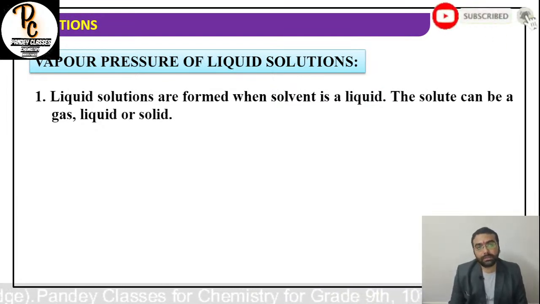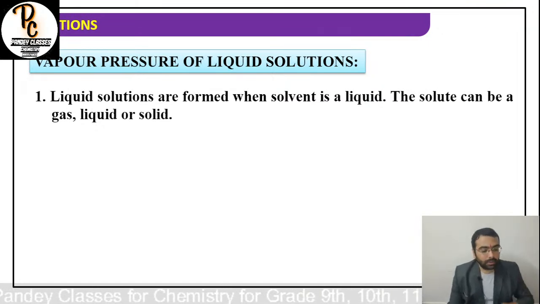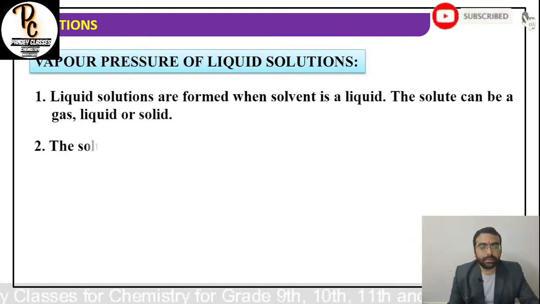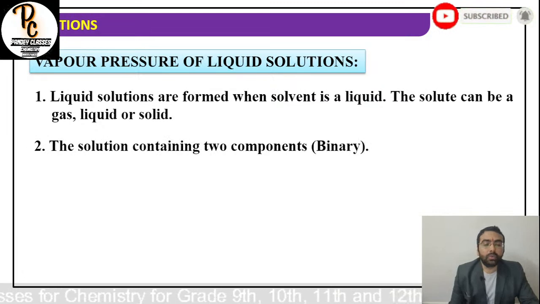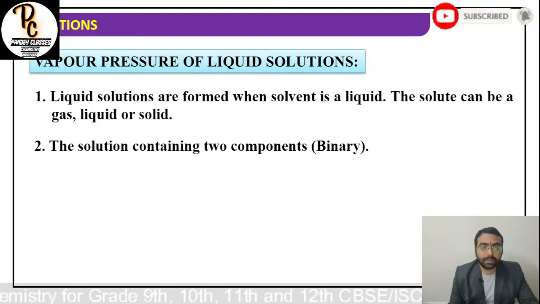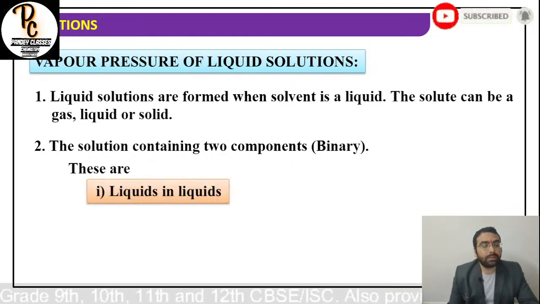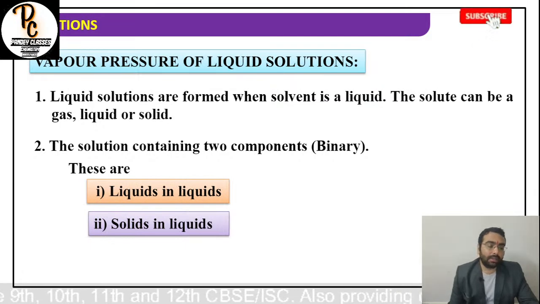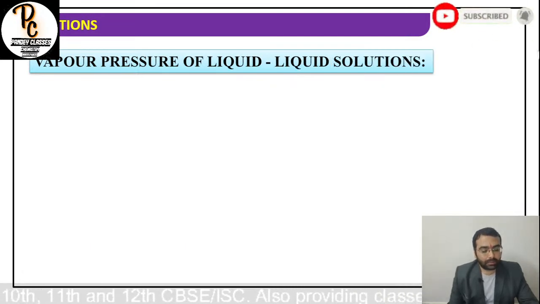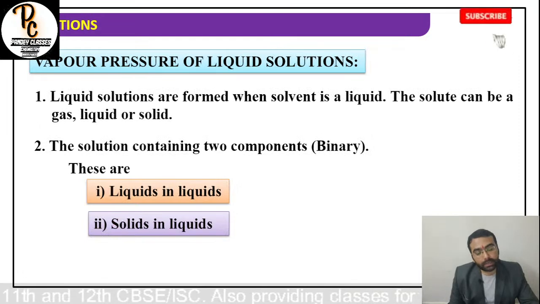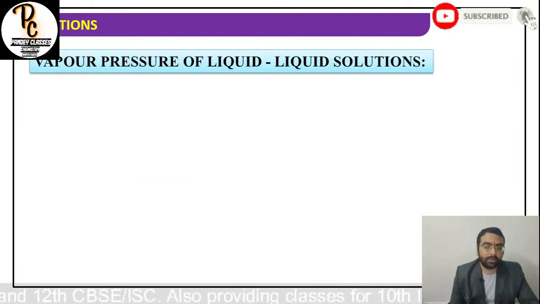If the solvent is liquid, the solution is also liquid in nature. The solution containing two components is called a binary solution: solute, solvent, binary. These are liquids in liquids and solids in liquids. These are the cases that we have to discuss.